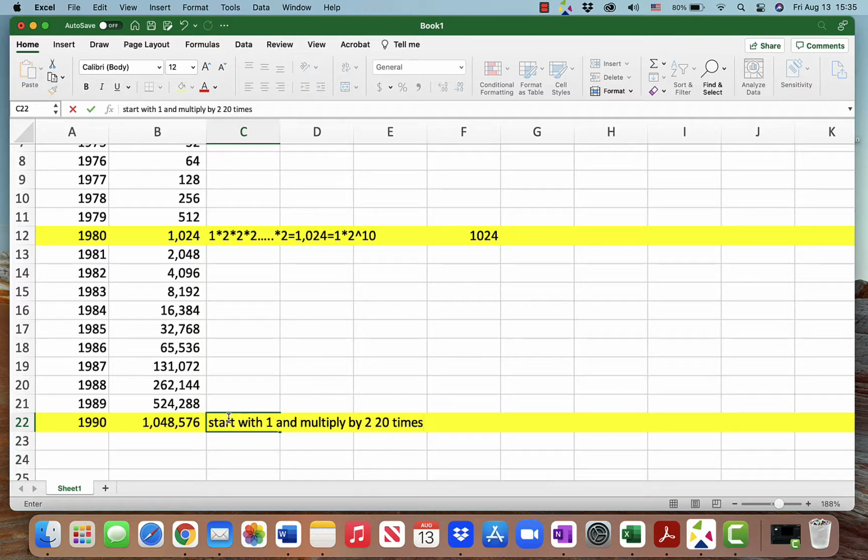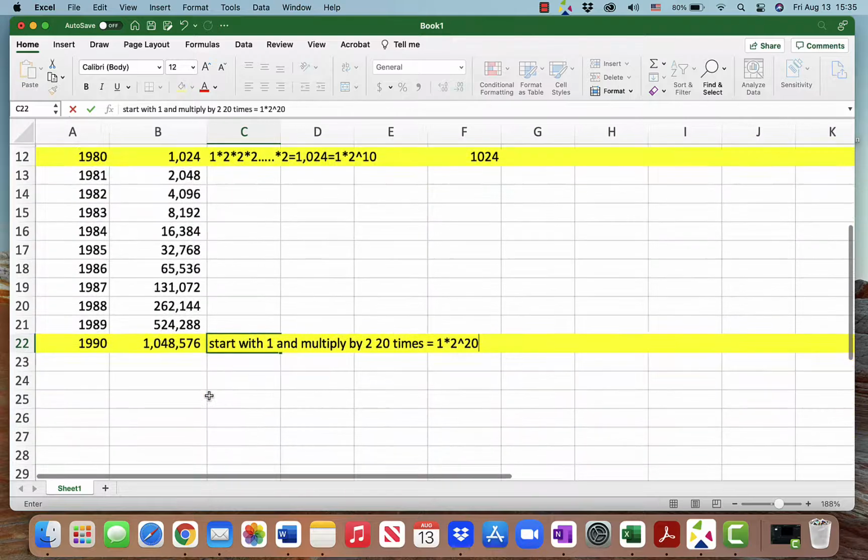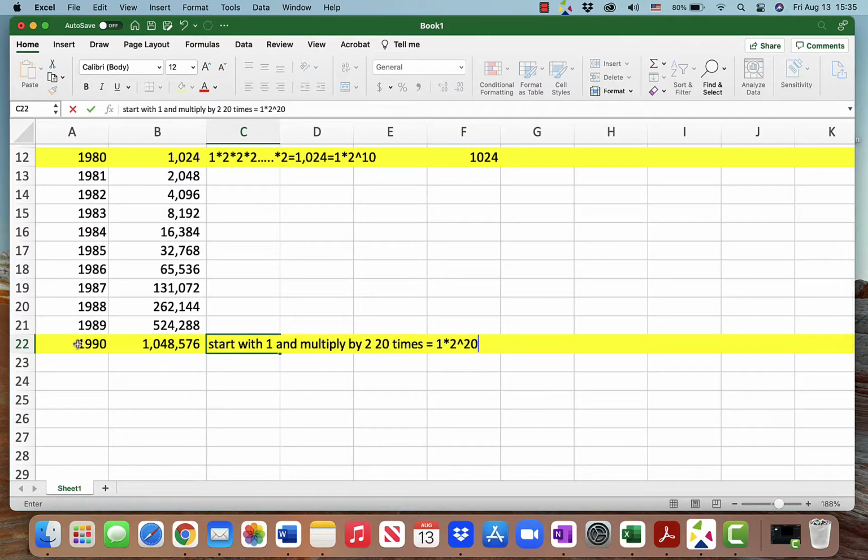I want to start with the beginning and go all the way to 1990. Well, that can be computed with one operation, which is 1 times 2 to the power of 20. And that will be 1,148,576.